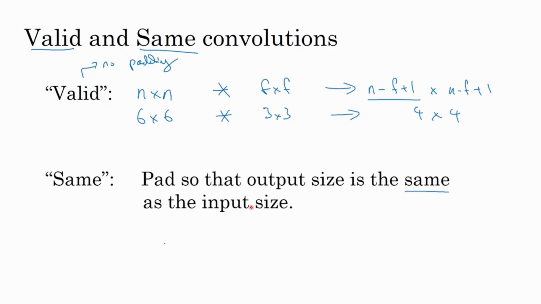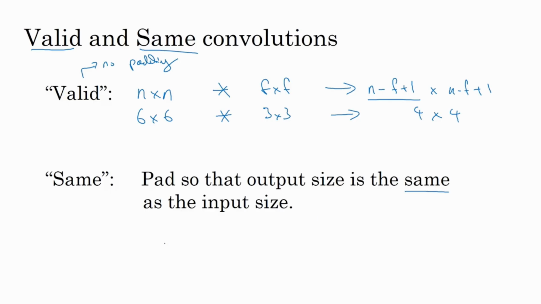Moving forward, the second part is the same convolution, and same convolution is used when we pad the input so that the output size is the same as the input size. What I mean is, as we have seen in the previous slide, this 6x6 has been padded with p equal to 1, that is a padding of 1, so that the output size is the same.